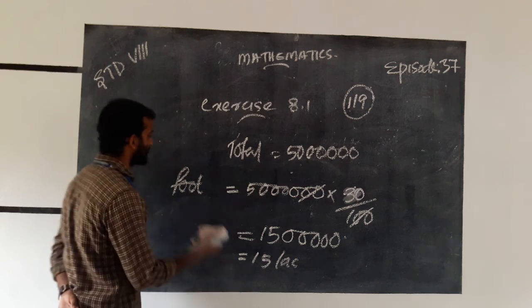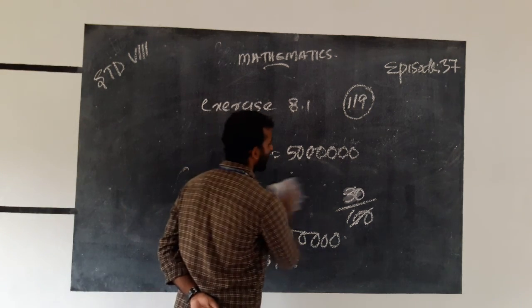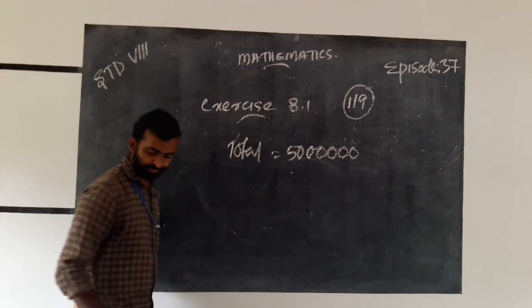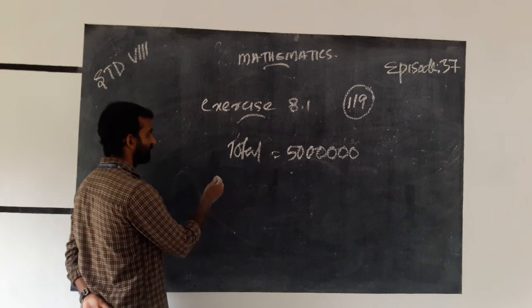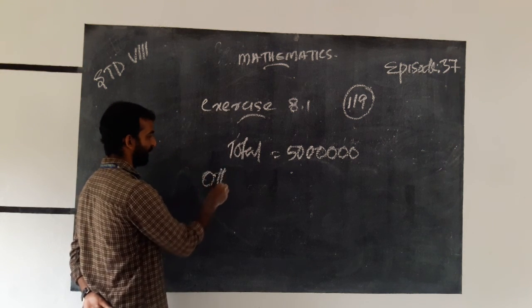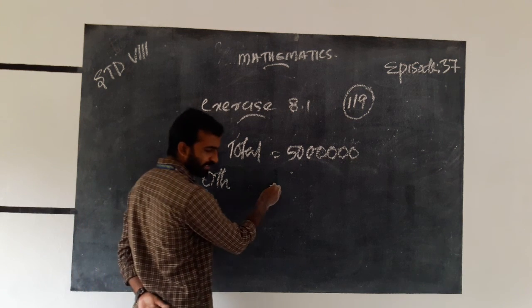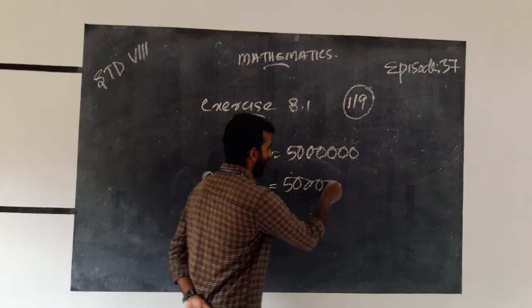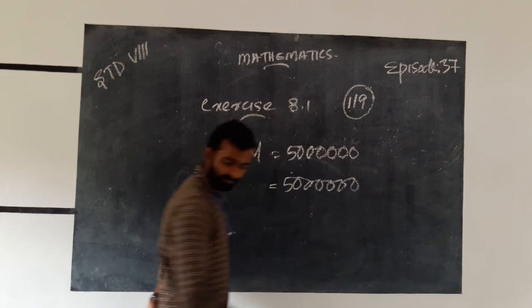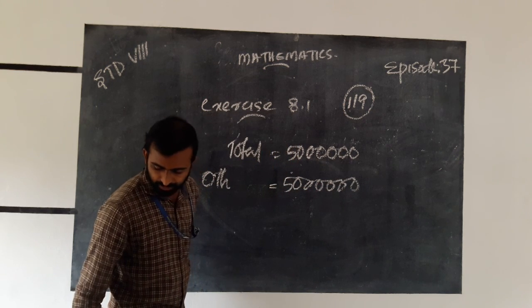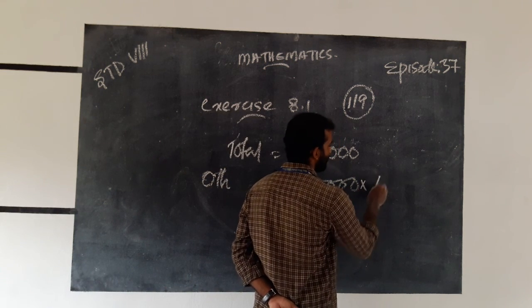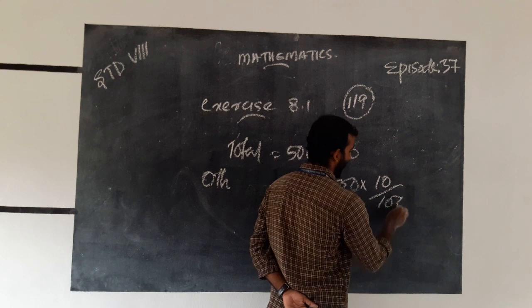And next is other game lovers. Other game lovers is 50 lakhs into 10 by 100.